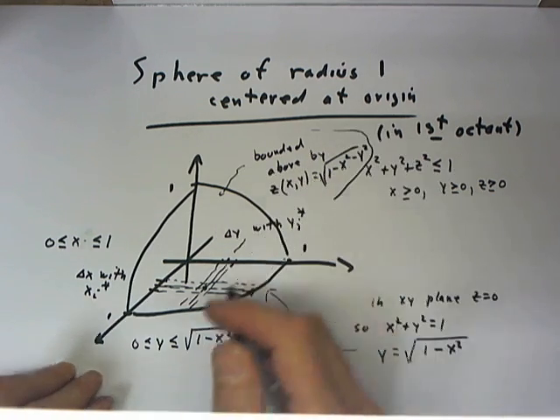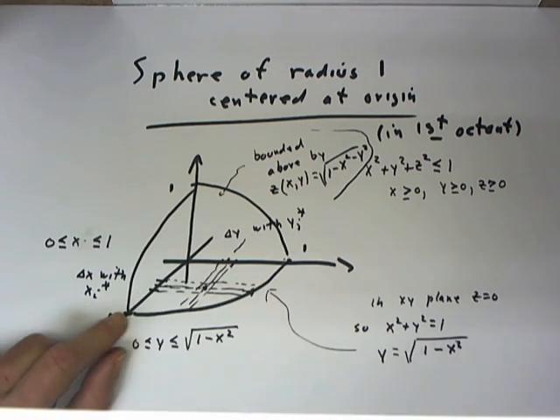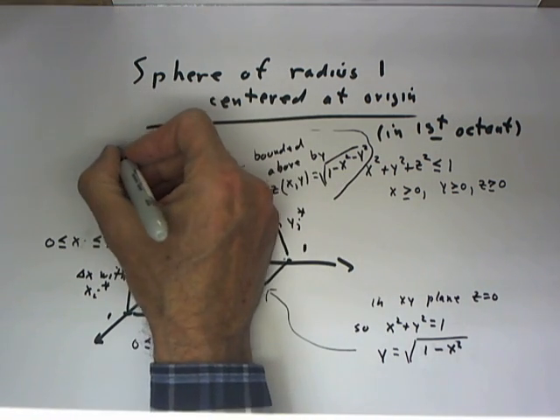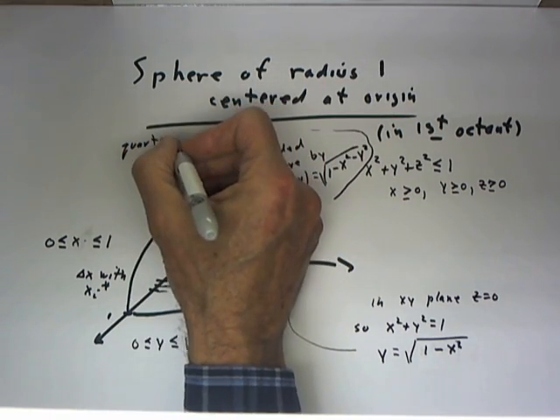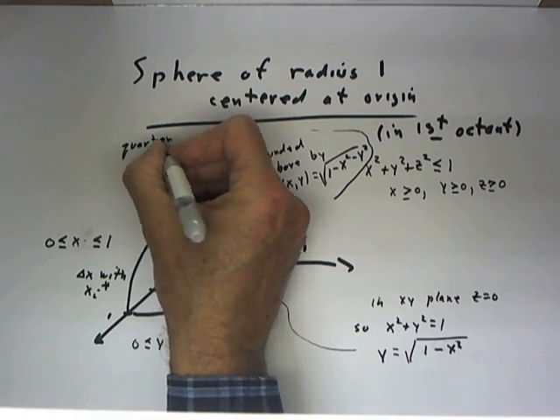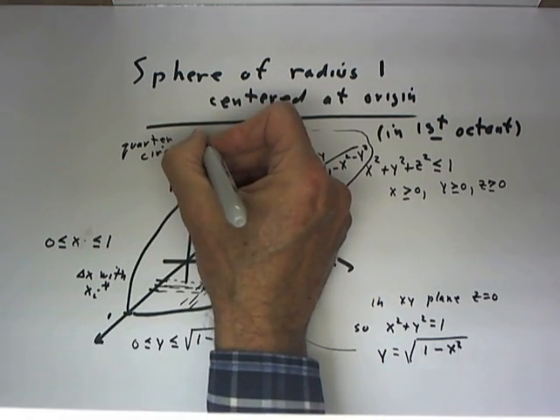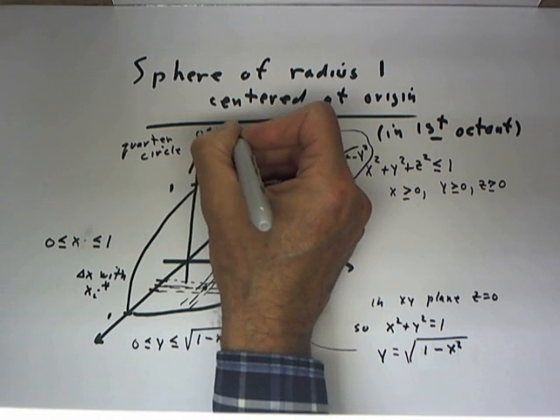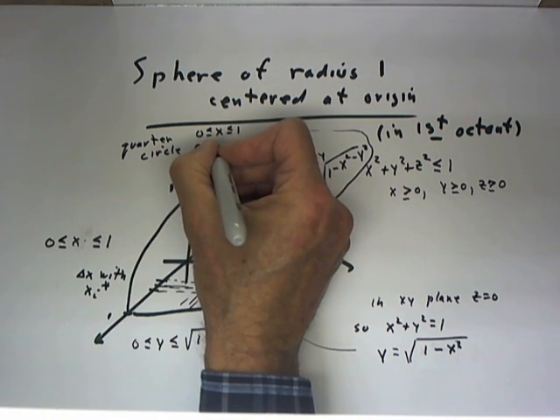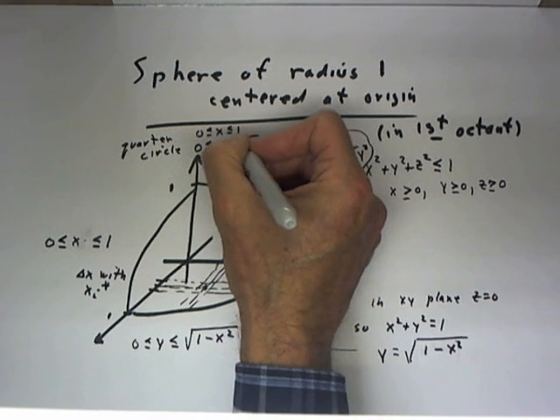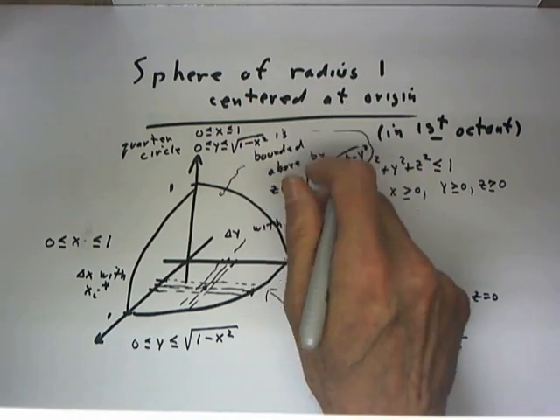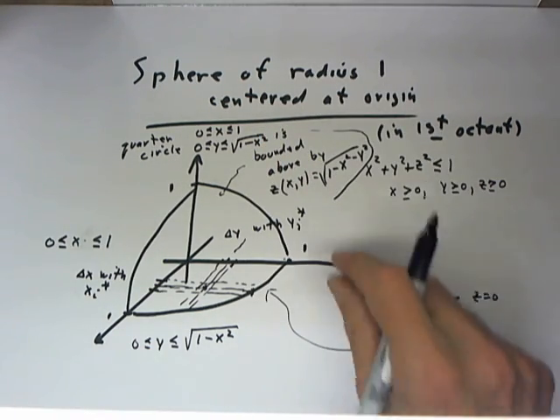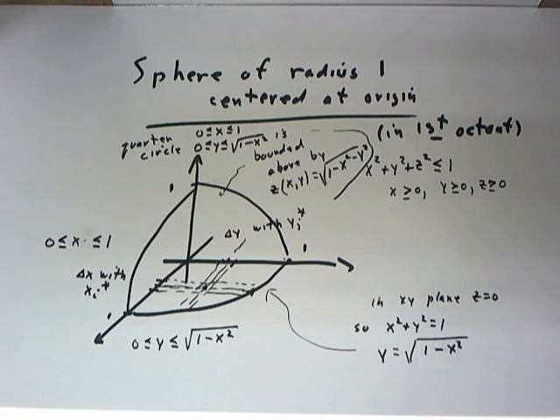What's bounded above by this? Well, this quarter circle in the xy plane. So I can say up here that the quarter circle described by 0 less than or equal to x less than or equal to 1, 0 less than or equal to y less than or equal to the square root of 1 minus x squared is what's bounded above by z of x, y equal the square root of 1 minus x squared minus y squared.